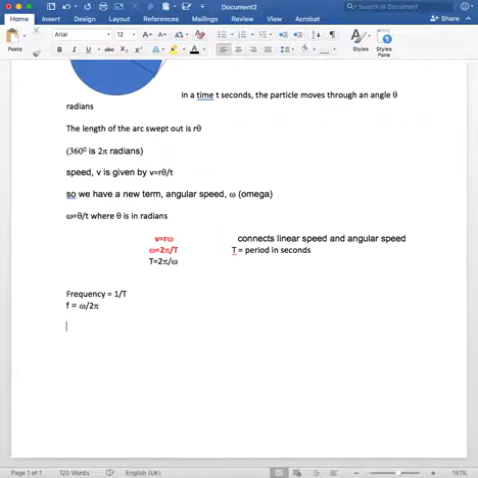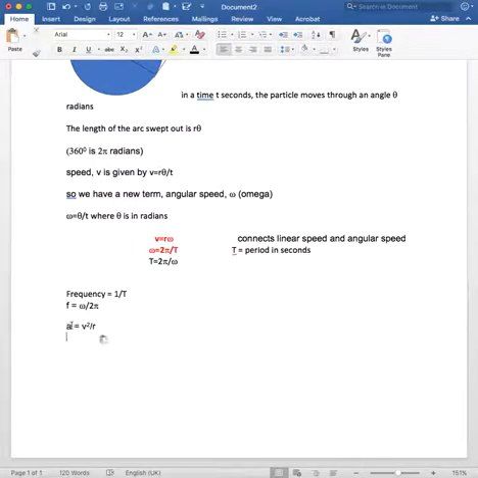We said earlier that because the direction of the velocity is changing, then it must be accelerating. And by looking at a small change in the position, a small change in the angle, we can derive an expression for the acceleration. But I don't think we need to do that here.